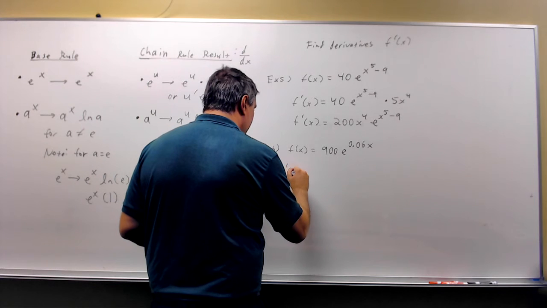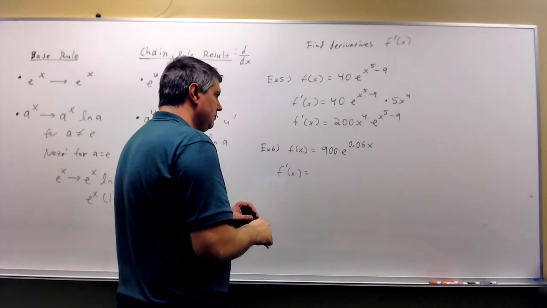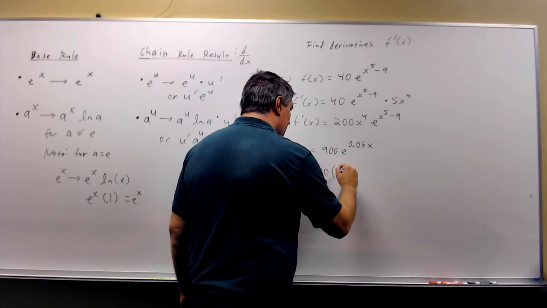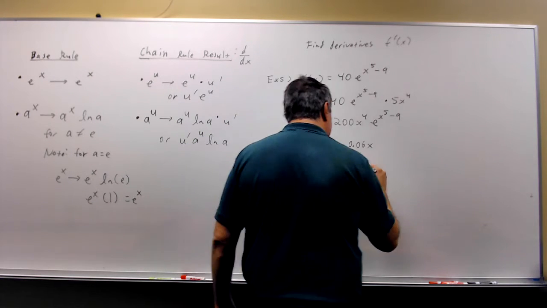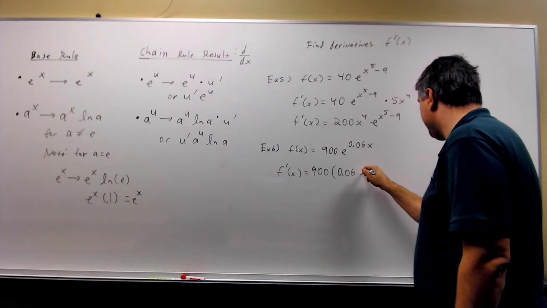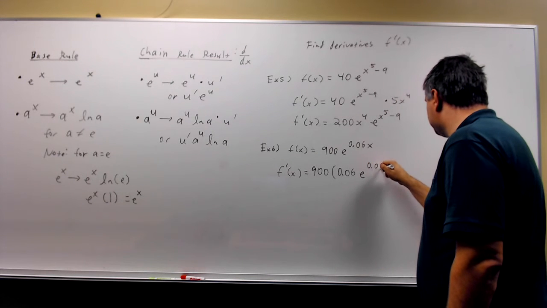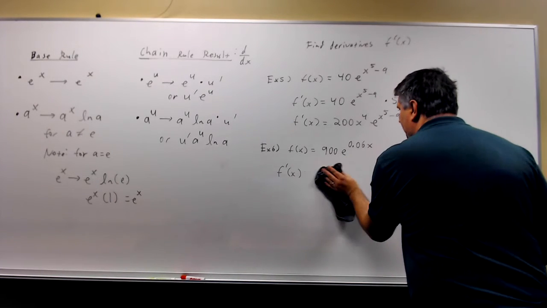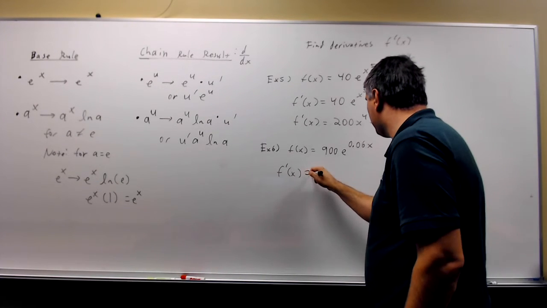f prime of x would equal 900 times 0.06 e to the 0.06. Well, let me do it a different way. So I'll follow the chain rule way first.